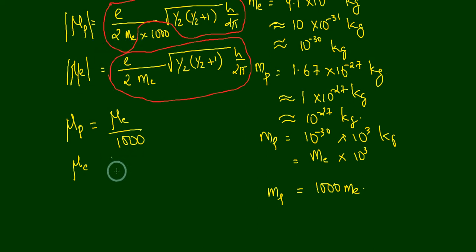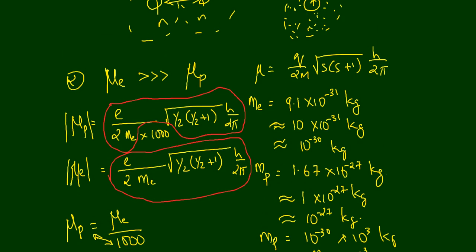Therefore, the magnetic dipole moment of the electron is equal to mu p into 1000. Right? We just cross multiplied like this. So the magnetic dipole moment of the electron is 1000 times the magnetic dipole moment of the proton. That is what I said in the beginning itself. Electron has a much bigger magnetic moment compared to the proton.